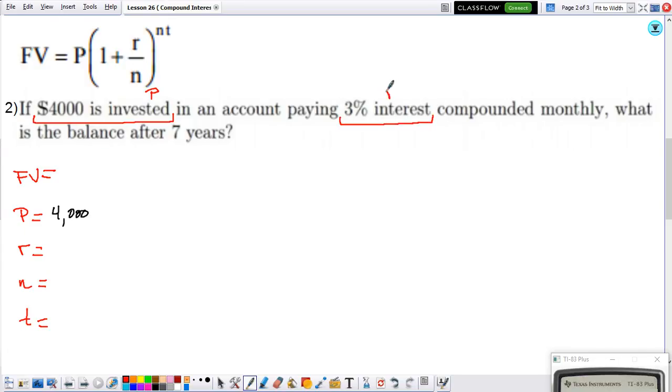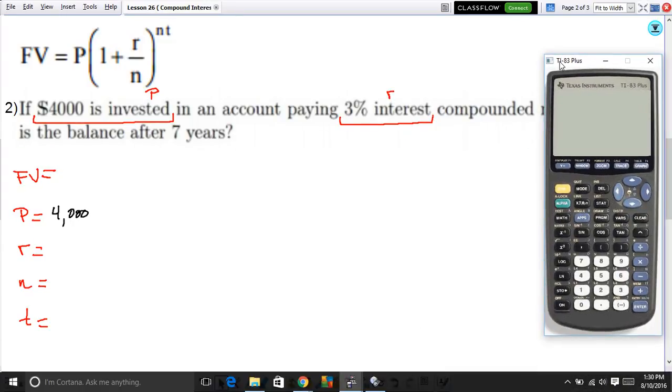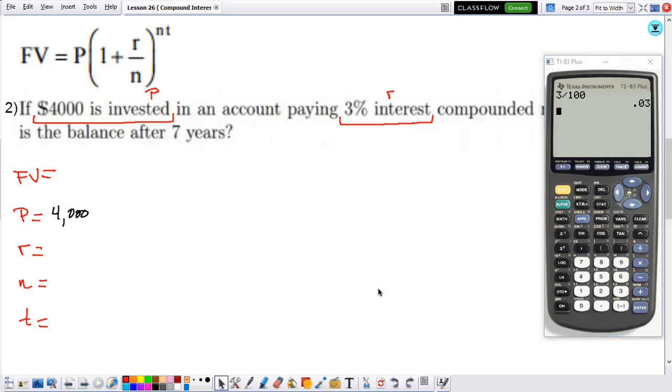So this is my rate. But again, when we talk about rate, we don't put percentage. So we need to convert that percentage into decimal. You can move two decimal places, or you can just use your calculator, 3 divided by 100. So that gives you 0.03. So my rate, the value for R, is just 0.03.